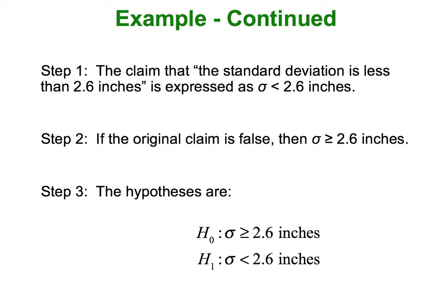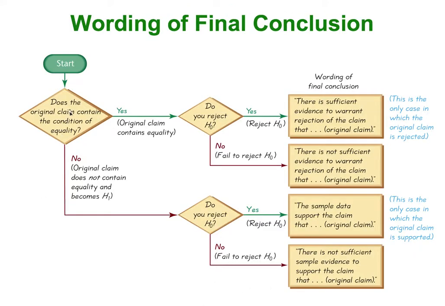We recall that our original claim did not contain equality, and so we go this way. Then we ask, do we reject the null? Yes, we do. We rejected the null in this case.